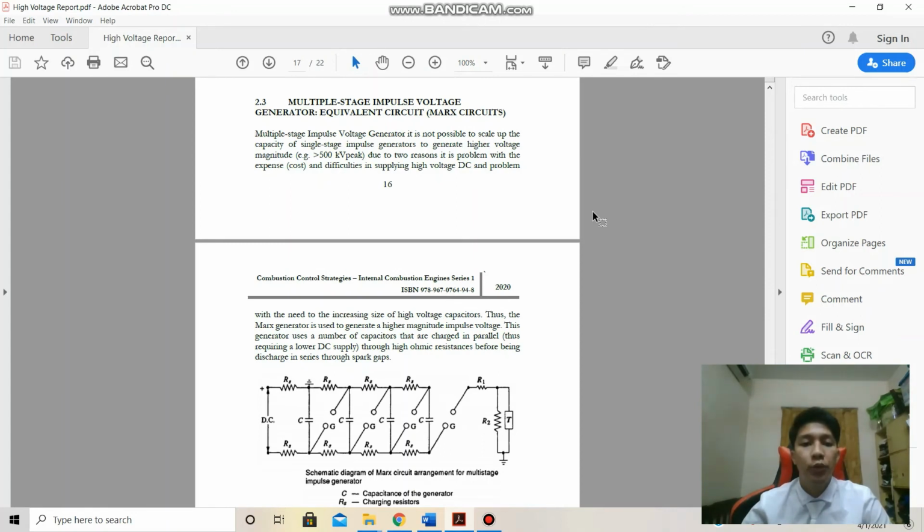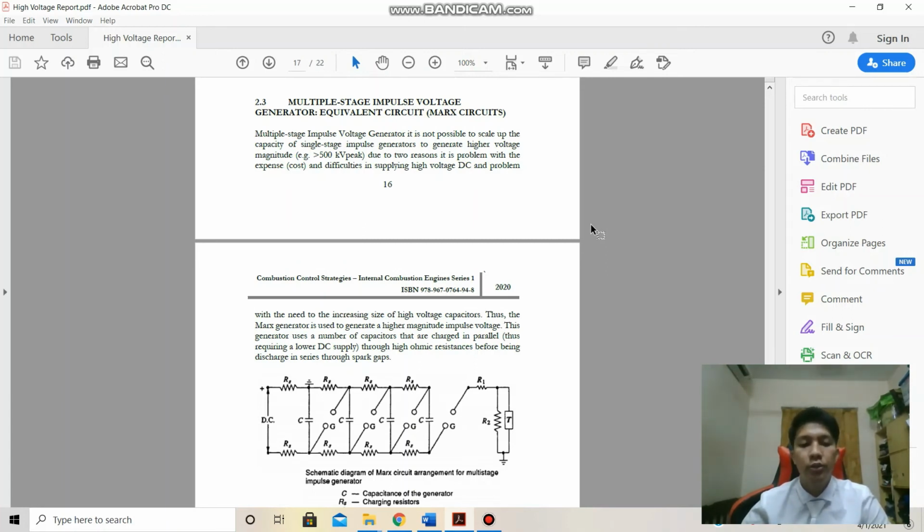One is the cost and difficulty in supplying high voltage DC, and the other is the need to increase the size of the high voltage capacitor. And the Marx generator is used to generate a high magnitude impulse voltage.